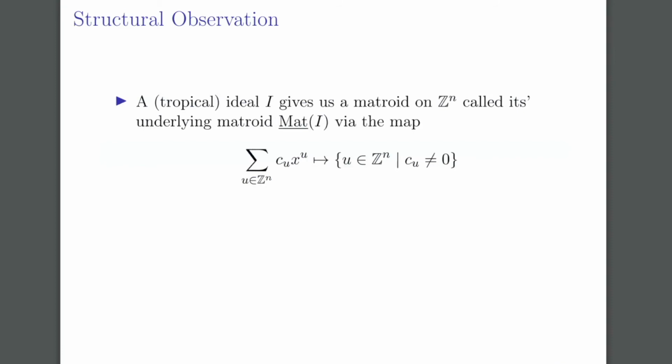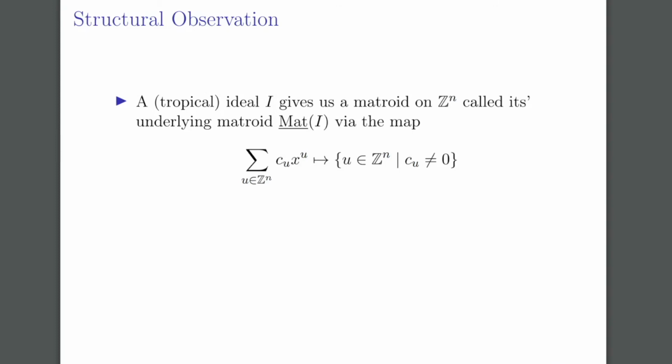First off, I'm going to briefly go over the underlying matroid again in case you want to see it. If you give me an ideal I, I can use it to obtain a matroid, M, called its underlying matroid. The way I do this is I look at my polynomials, and I look at the exponent vectors in Z^n for which the coefficient c_u is non-zero.